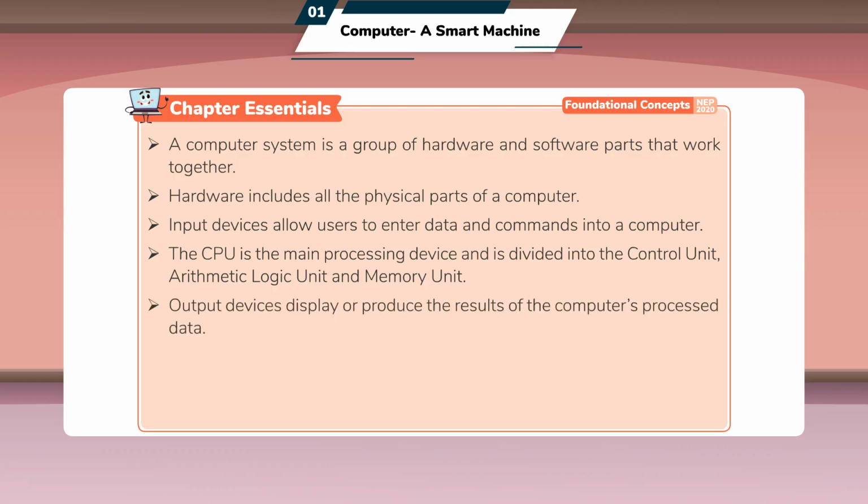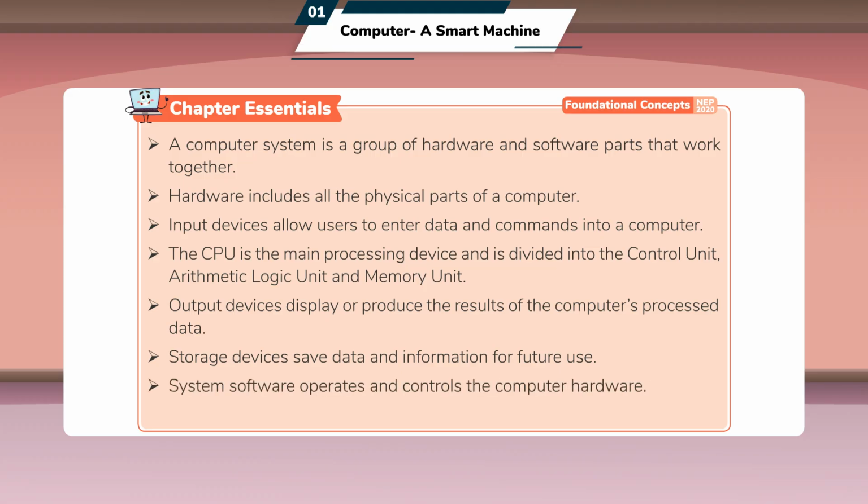Output devices display or produce the results of the computer's processed data. Storage devices save data and information for future use. System software operates and controls the computer hardware. Application software helps users perform specific tasks.